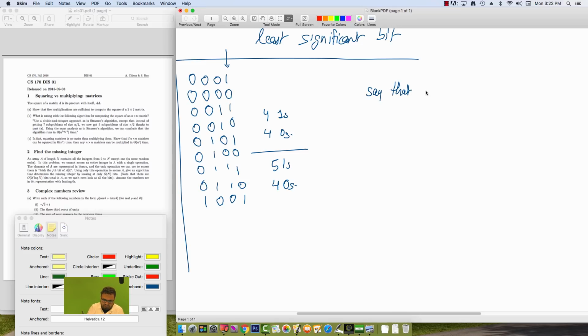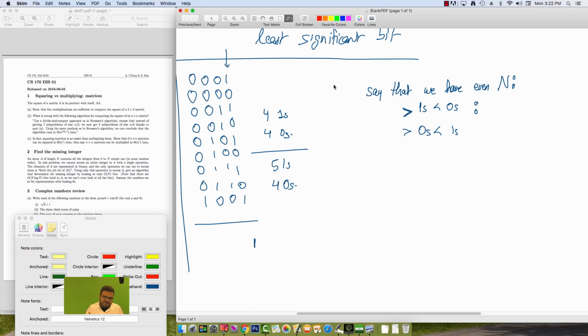So let's say that we have even n, right? If n is even, then there are two cases. Either ones is less than zeros, or zeros is less than ones. If ones is less than zeros, then I know that the missing number has a 1 in the least significant bit, correct?